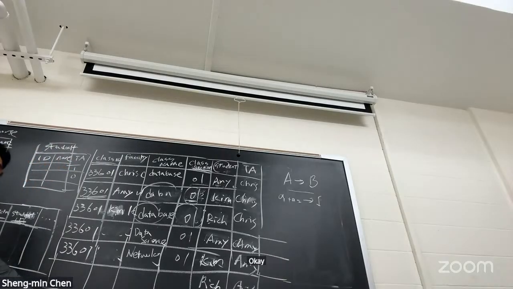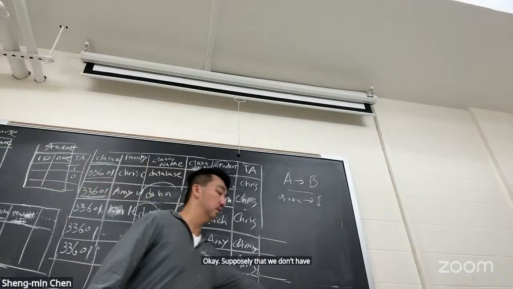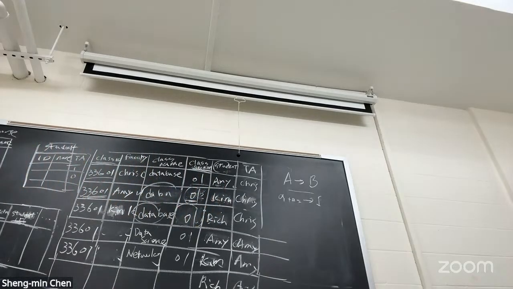Okay. Supposedly we don't look at this enrollment here. We're doing a little reverse engineering. There's a lot to learn about second normal form, but I'm going to use this example again.